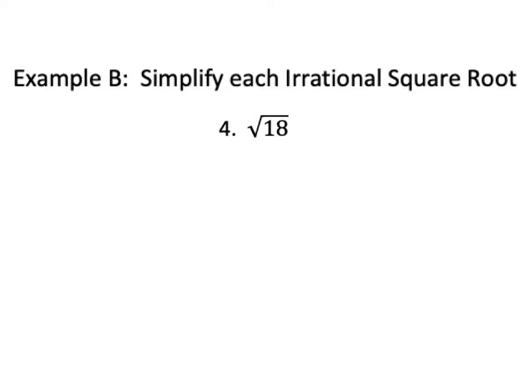So let's look at irrational square roots, and I'm going to show you 2 quick methods. In earlier grades, you may have looked at making a factor tree where you break down your radicand down to primes. So since you have a pair of 3's, you can take the square root of 3 squared. So it comes out as 3, but you don't know the square root of 2. It's irrational. It's 3 root 2.